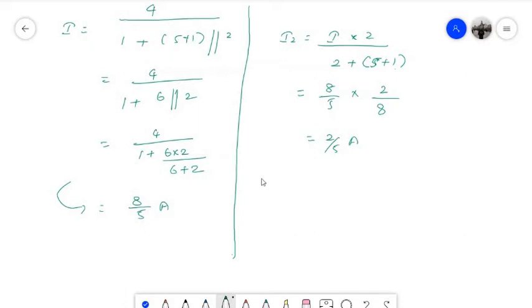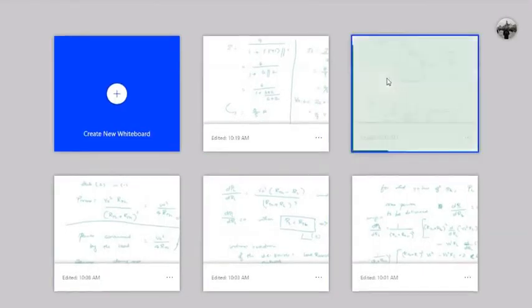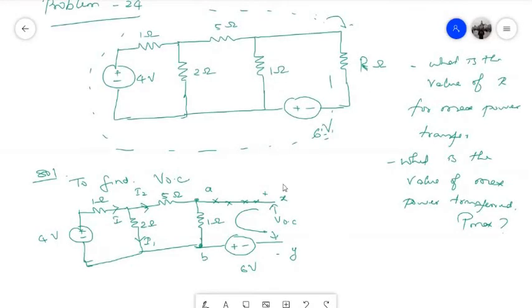This will be I2. And if you look at the circuit, you will know that this voltage VAB is nothing but I2 into 1 ohm. So that is 2 by 5 into 1 volt. Again, if you look at the circuit, the open circuit voltage VOC will be nothing but VAB plus 6 volt.